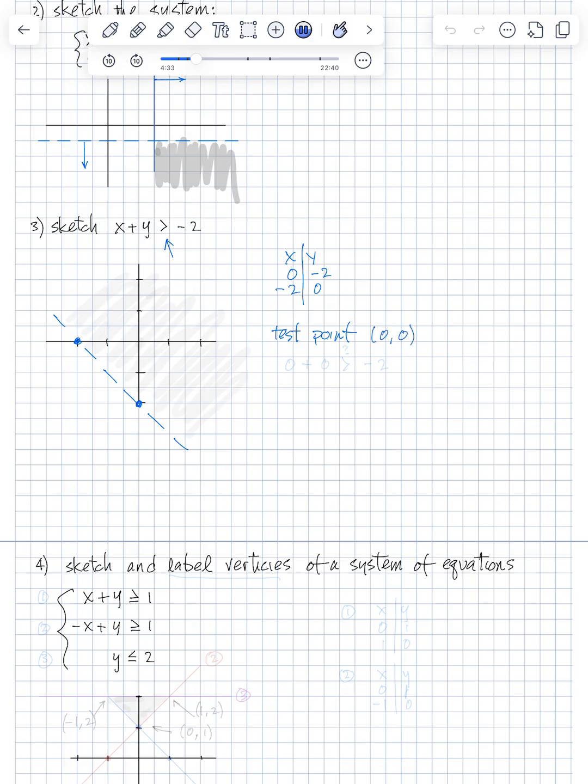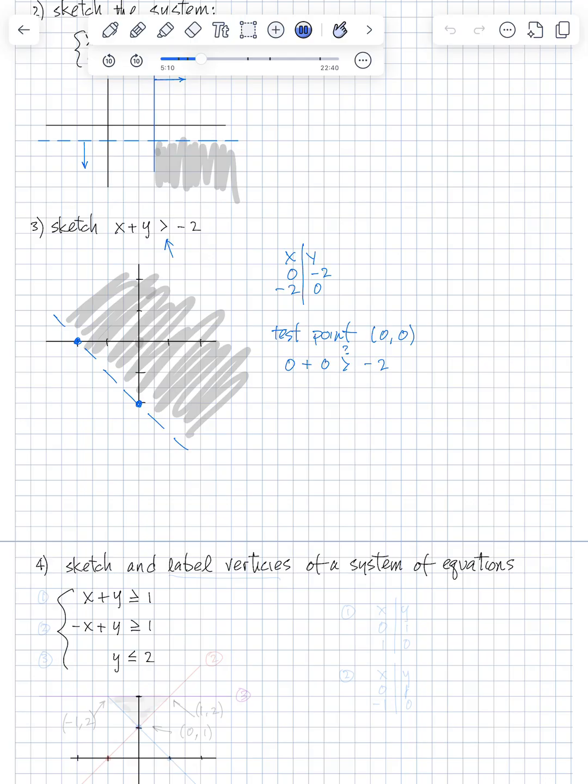So we have 0 is x plus 0 for y is greater than, with a question mark, negative 2. So that's true, 0 is greater than negative 2. So we're going to shade this side of the line. I said sketch, I meant shade the side of the line because our test point 0, 0 is in the true point.